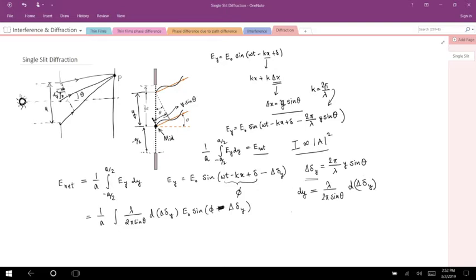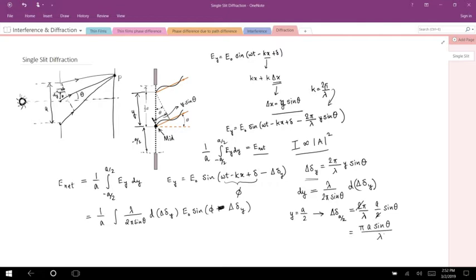So let's do that. When y is equal to a over 2, that's when delta delta is, replacing y by a over 2, 2 pi over lambda times a over 2 times sine theta. Here the 2 will cancel, and so I will get pi a sine theta over lambda.